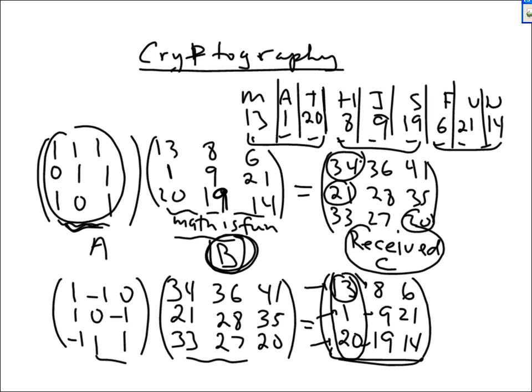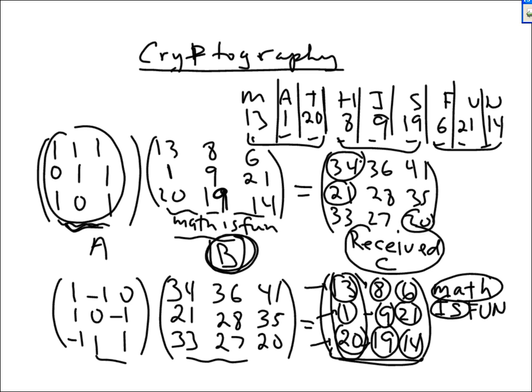And they say, well, letter 13 is M, letter 1 is A, the 20th letter in our alphabet is T, the 8th letter is H, the next letter is I, the next letter is S, the 6th letter is F, the 21st letter is U, the 14th letter is N. And then they're going to have to know to partition it this way. Math is fun.